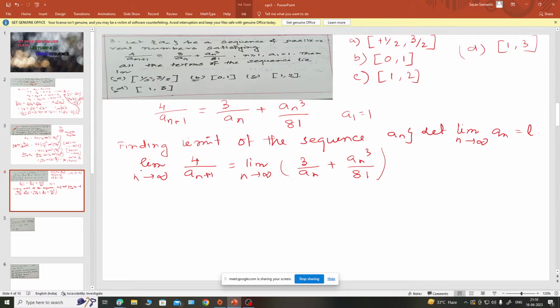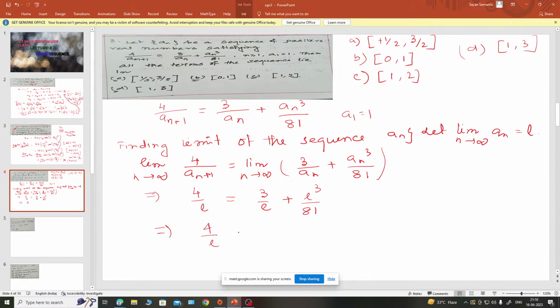Now let the limit of a_n equal L. Here a_{n+1} also converges to L. So we can write 4 by L equals 3 by L plus L cube by 81. Is it clear to everyone? Okay, now let us solve it.